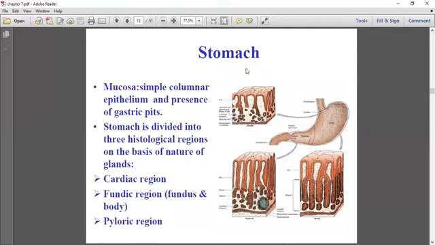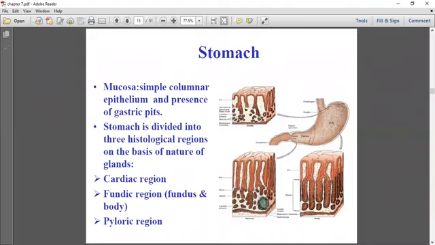Stomach. The shape of the stomach is a sac-like structure, anatomically composed of different regions. The junction between the esophagus and the stomach is called the esophageal gastric or stomach junction. The first part of the stomach, very close to the heart, is called the cardiac region or cardia.